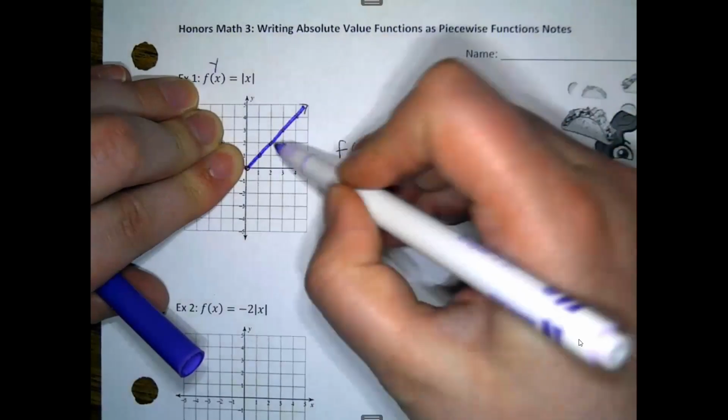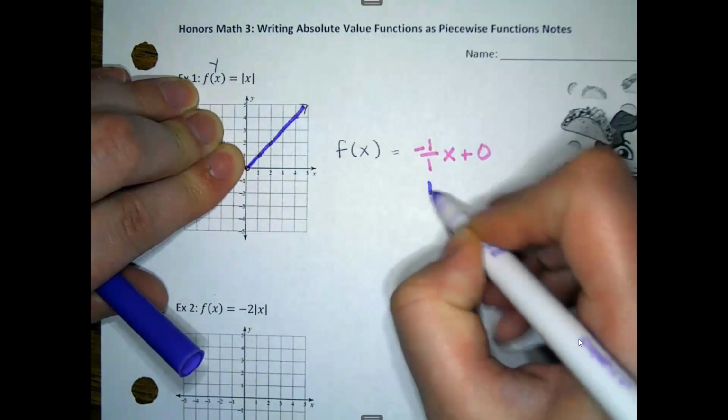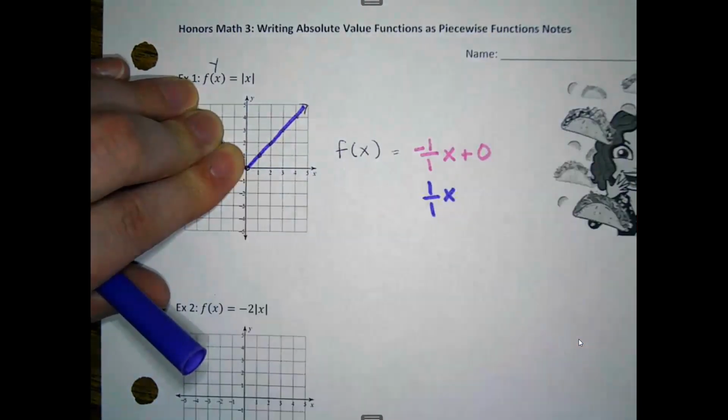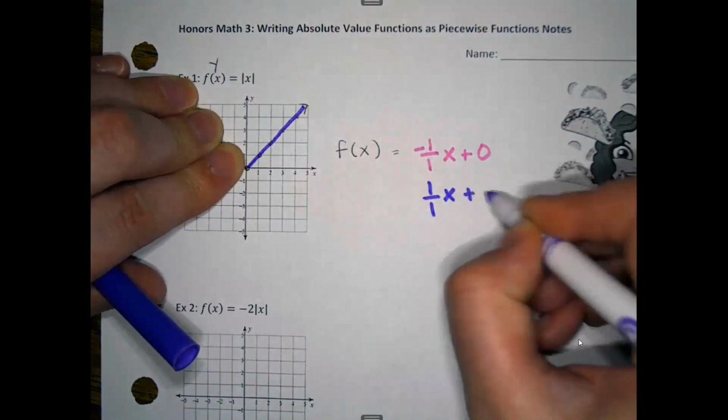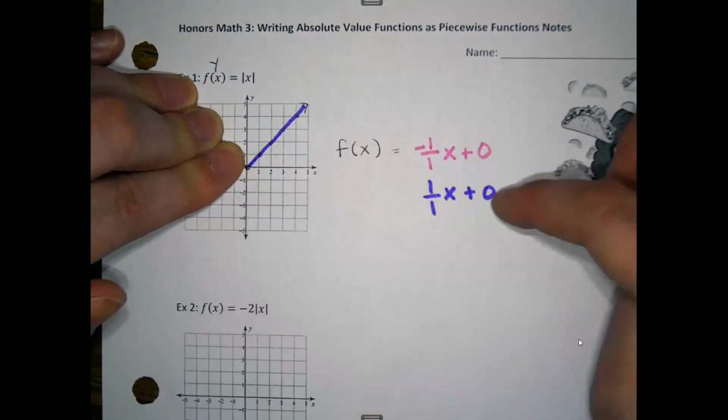Okay, so it goes up 1 over 1, up 1 over 1, up 1 over 1. So the slope is positive 1 over 1 x. What's the y-intercept over here? Where does it cross the y-axis? 0. Okay.